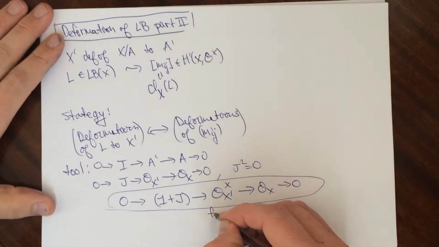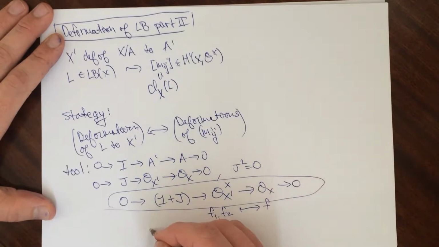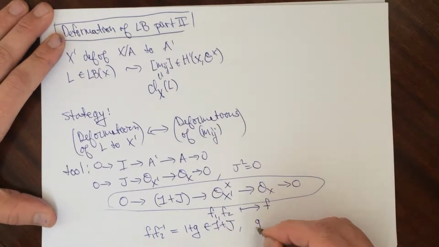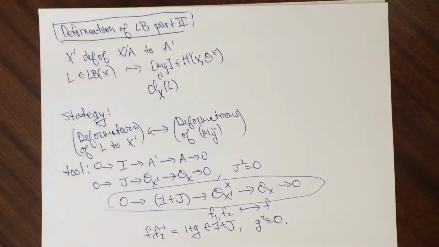If I have two guys here, F1 and F2, and they map to the same thing here, they map to F, right? So they both map to the same guy here. Then the thing that we can do is we can take F1 F2 inverse, and it's going to look like 1 plus G, and this is going to be 1 plus J. Okay, and so in particular, G squared is going to be equal to 0. And we're going to use this all the time. Okay, this is going to be used very frequently.